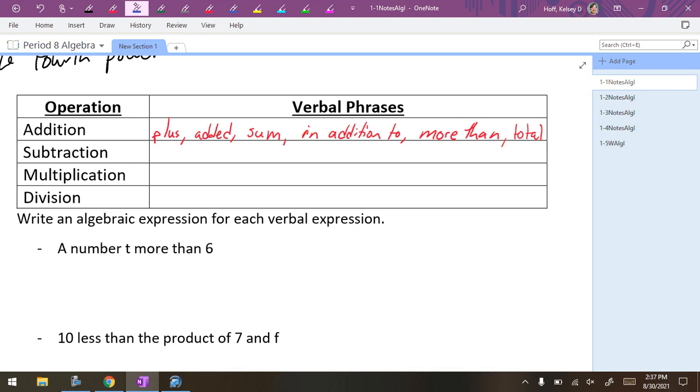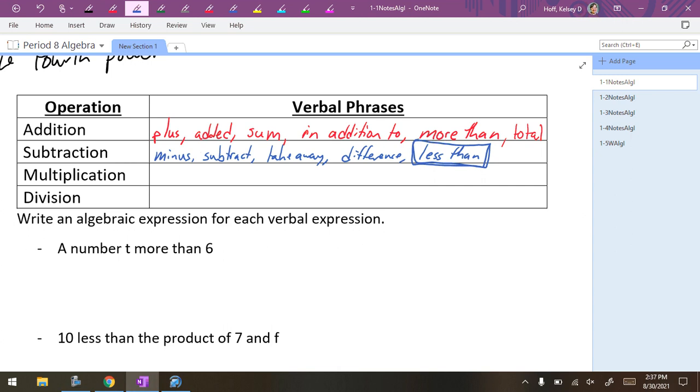How about words for subtraction? Minus, subtract, take away, difference, and less than. Put a box around less than. Less than is a special phrase, and we'll talk about it here in a minute. But less than is a special phrase that we have to do something unique with.